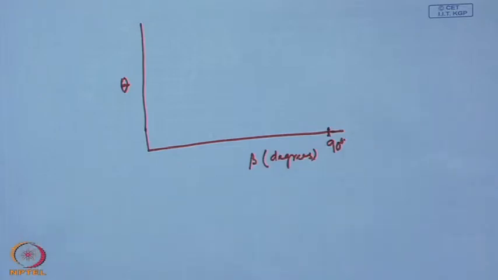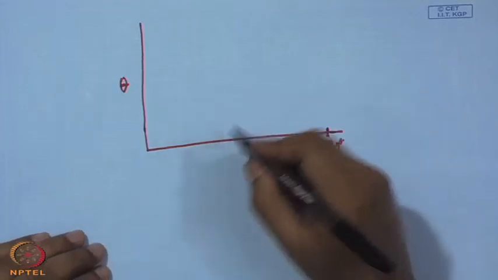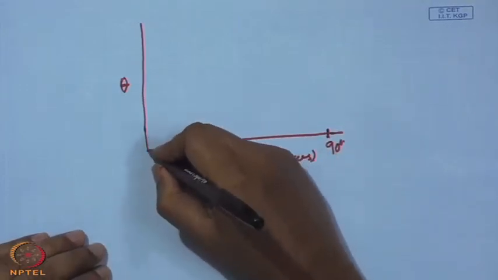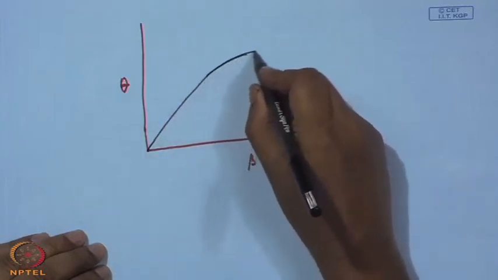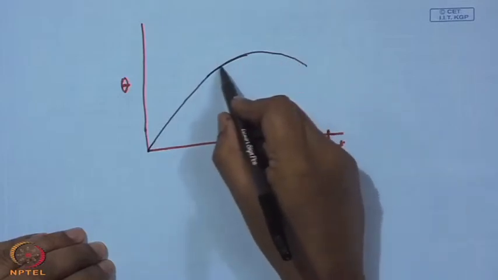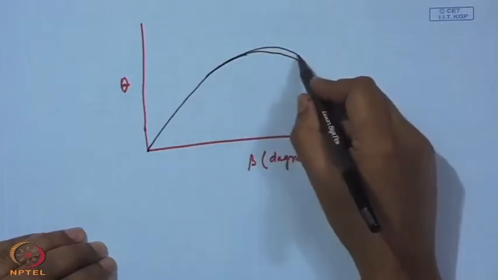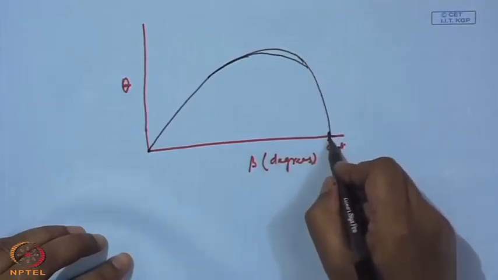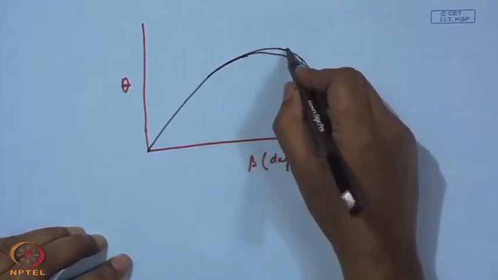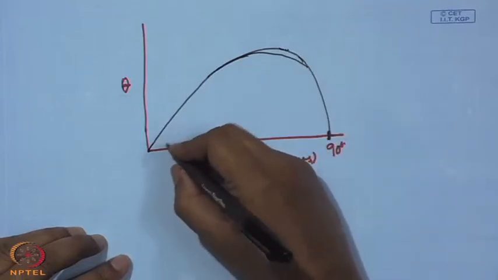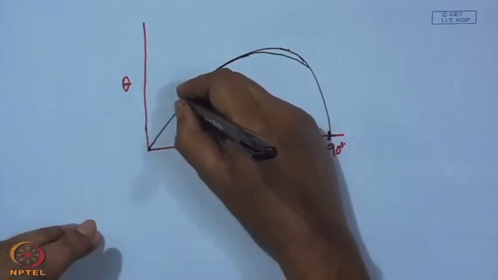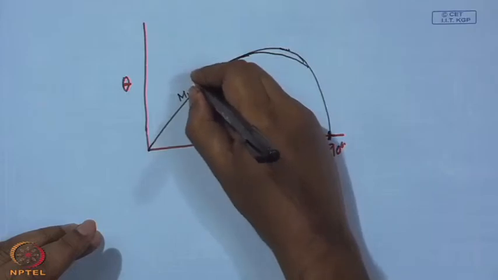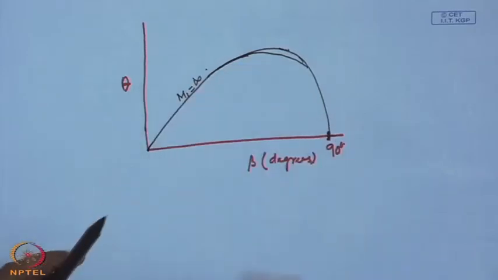For different values of m 1 we will have different curves. If we consider upstream Mach number to be infinite, something like this, this is for m 1 equal to infinity, where the lower limit is 0.